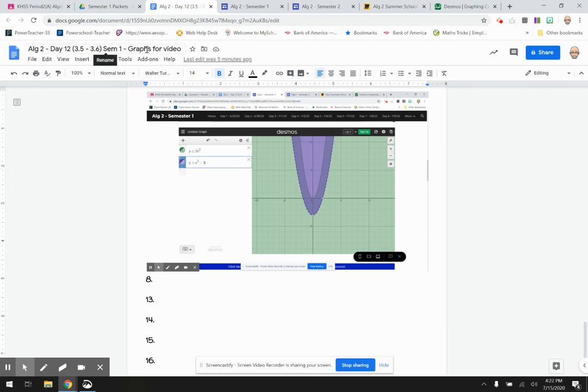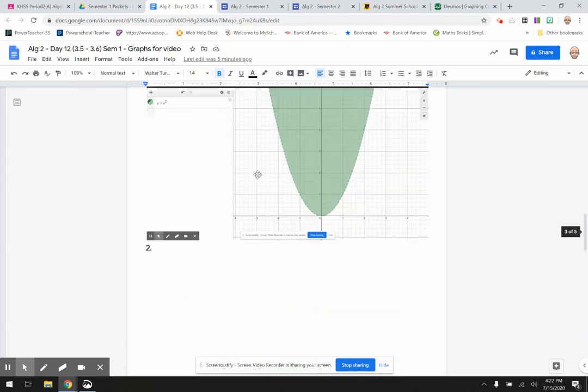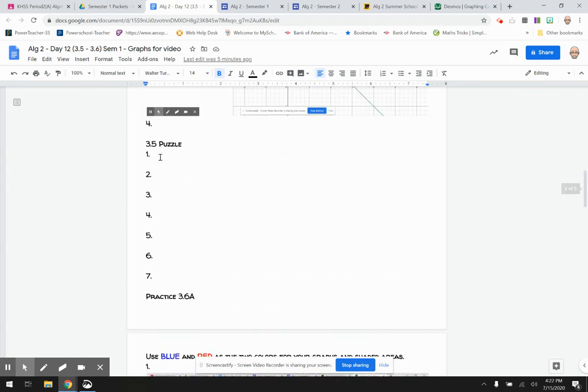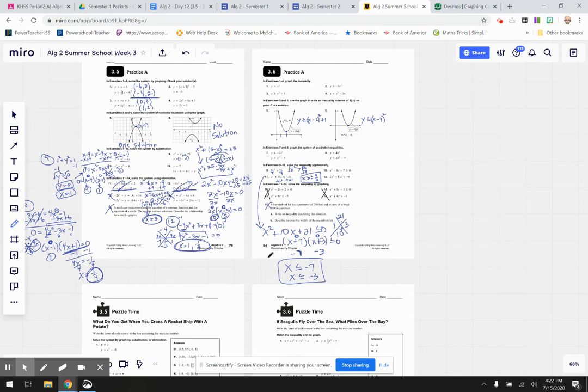You're going to have a Google Doc for your graphs here. So even when you do the puzzle, you're going to put your puzzle ones on there too. Even though that's assignment 2, you're going to put your puzzle graphs here as well. So that is it for 3.5 and 3.6. So you'll work on the puzzle and then some Delta Math. Thanks, guys.